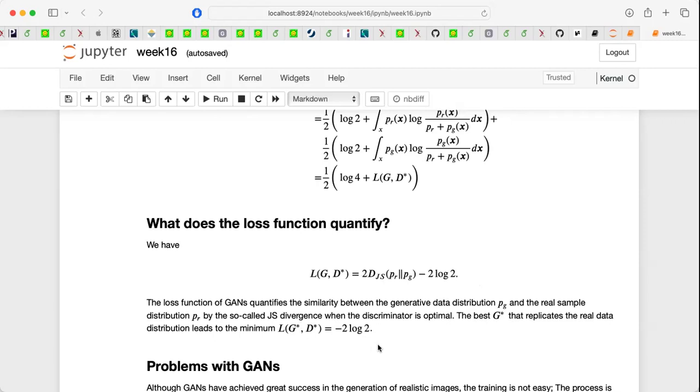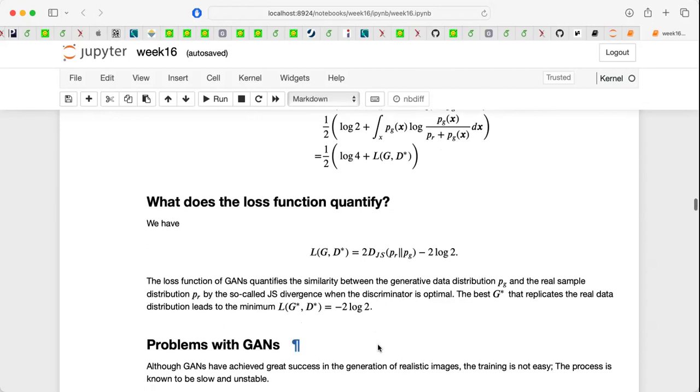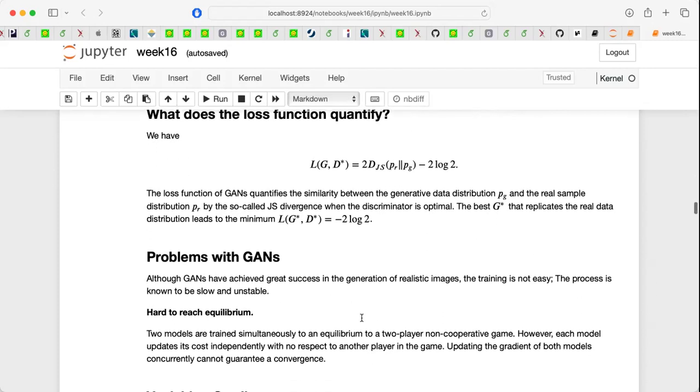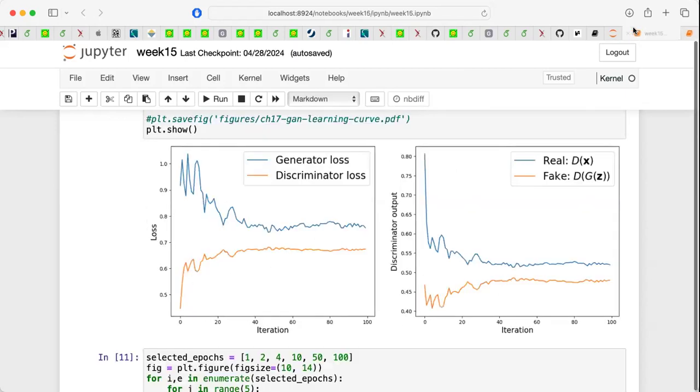Now, the generative adversarial networks, the way they are set up, can often lead to very slow and unstable training. It can be hard to reach that equilibrium point, which you saw in this simple example here. This will be a typical example of when equilibrium has been reached.